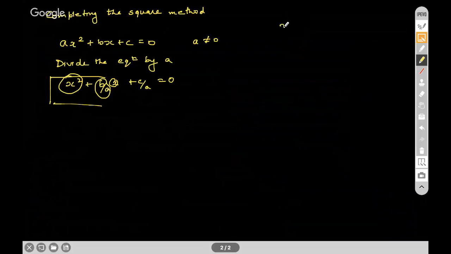It means that if I somehow get a form x plus alpha square, what is the form? If you expand it, you'll get x square plus 2 alpha x plus alpha square, isn't it? So if you see, these two terms resemble the first two terms of this expansion of a square. So if we somehow add alpha square, then we can complete the whole square. That is what it means. So let us see how we do it.